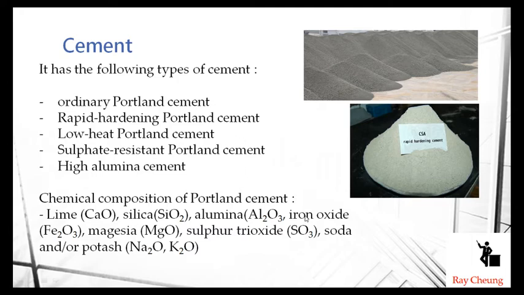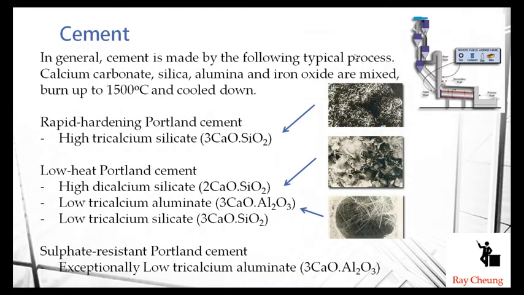Okay, and then the cement has some chemical compositions. Actually the cement is a mix of all the compositions, and then we burn it up and then cool it down, and we can make the cement. You just need to understand that different chemical compositions will give different characteristics.